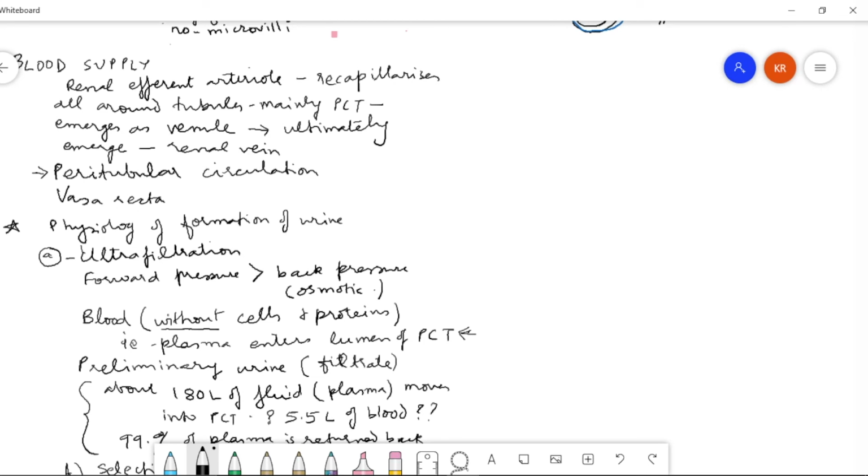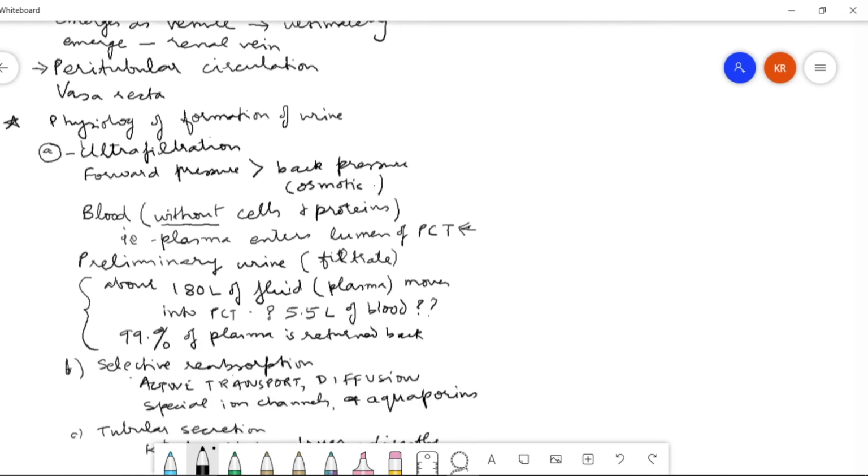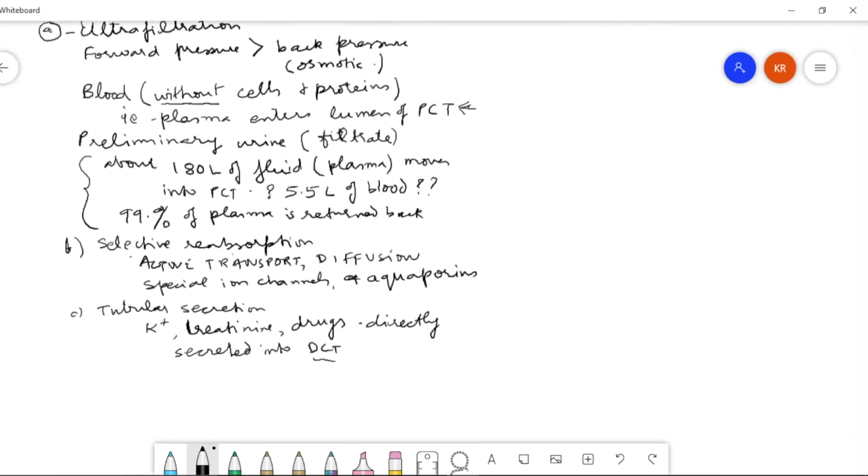But this has not yet become urine. It will become urine only when there is more reabsorption of water and ions. So let us look at the next part, that is osmoregulation.